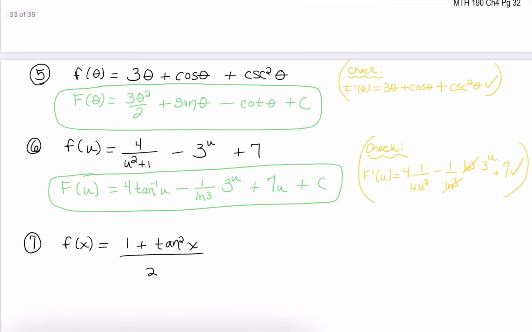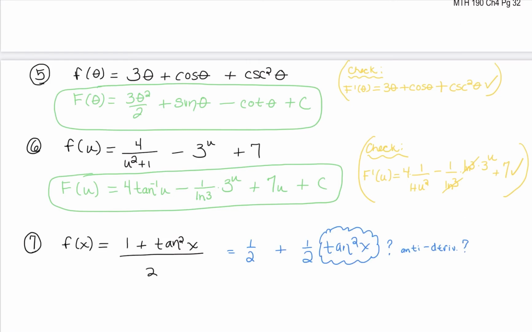The problem here is going to be if I do that, and again, nothing wrong with thinking about that, I'm still going to be stuck because I don't know what the antiderivative of tangent squared is. So this is the one that I don't know its antiderivative. So we don't know a function whose derivative is equal to tangent squared.